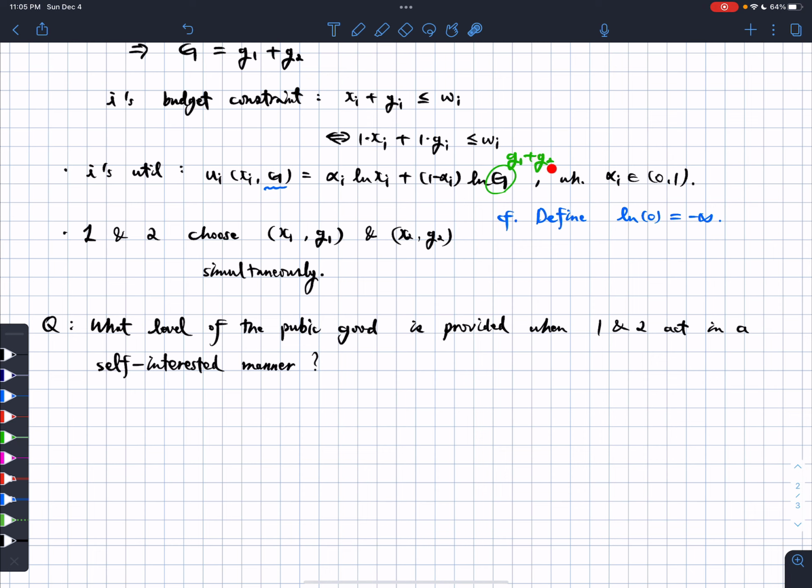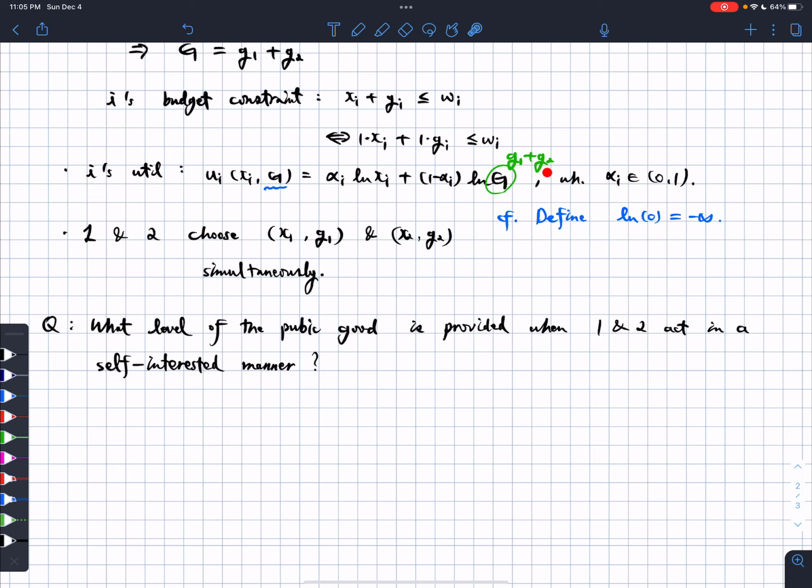And therefore, assuming that g2 is some positive number, player 1 has an incentive to reduce this g1 so that he can actually increase x1 a little more, right? That means as player 1 makes its decision, it faces the incentive to reduce g1 because there's always the opponent who's going to provide some amount of g2, right?